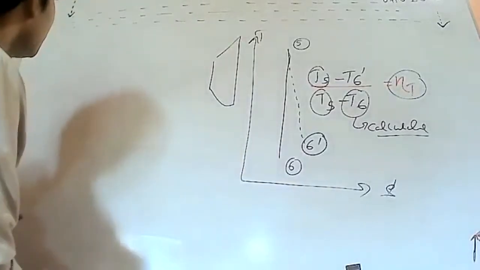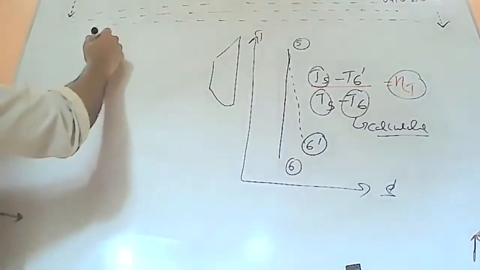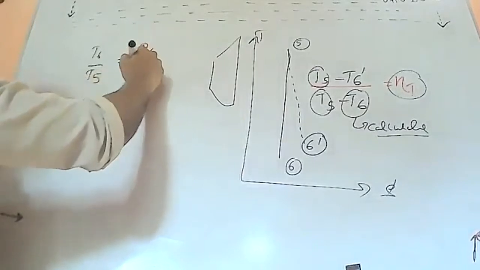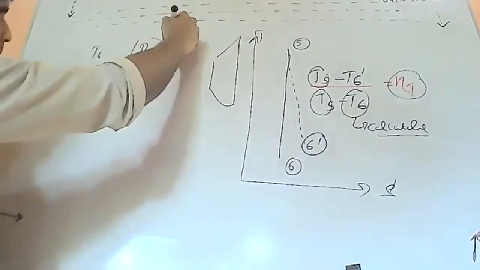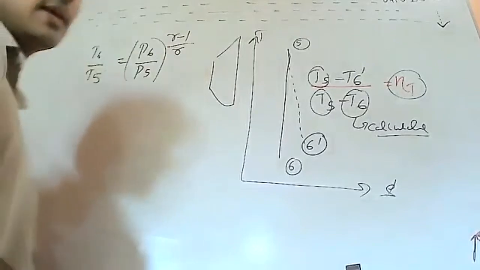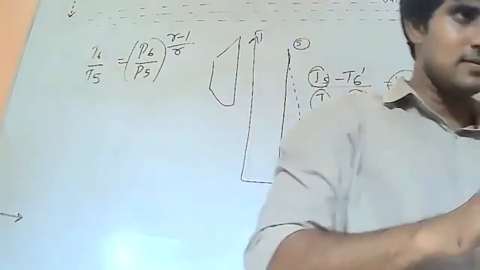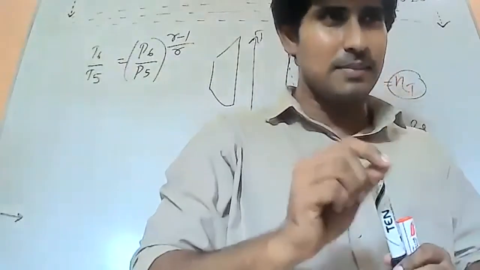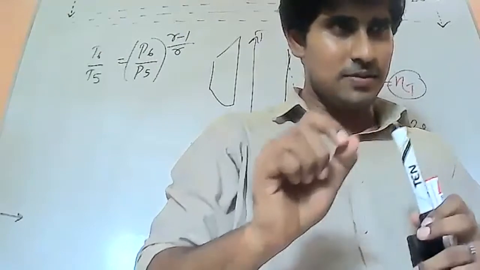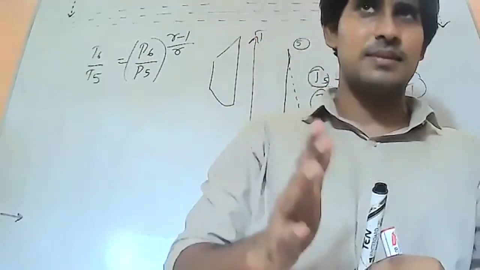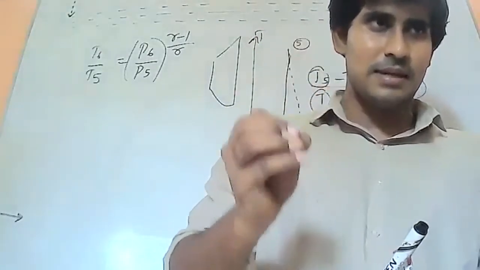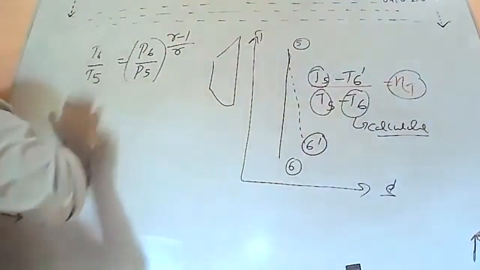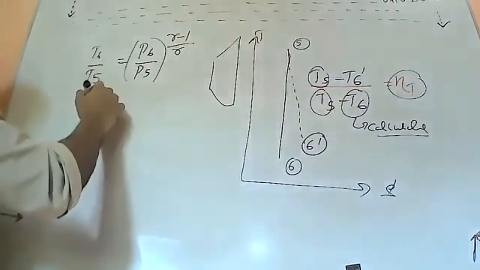So T6 divided by T5 equals P6 divided by P5 to the power gamma minus 1 over gamma. Because, guys, what is that? The reason is it is an isentropic or adiabatic process. Keep in mind, adiabatic and isentropic are not the same. It is something like this: reversible adiabatic processes are isentropic. Okay, just get the term. So now by using this formula, we can calculate T6.